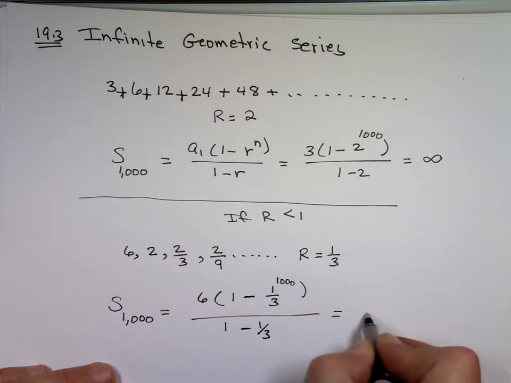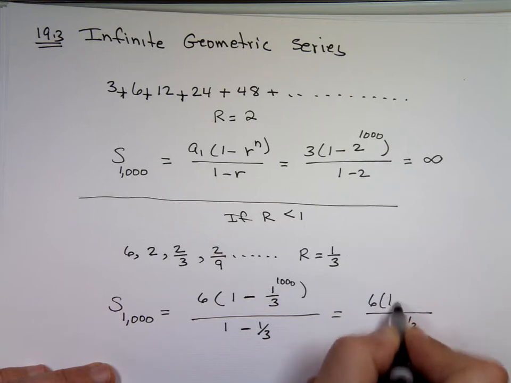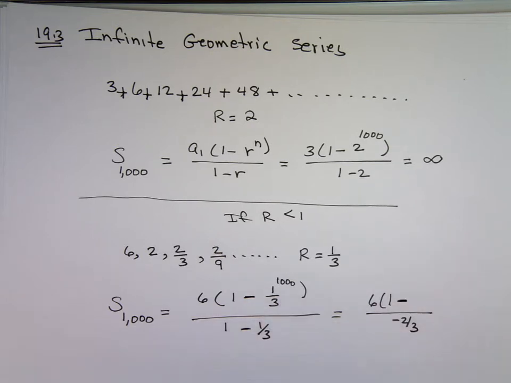The bottom is negative 2/3, right? This is 6 times 1 minus 1/3. Hopefully you make sure you put the 1/3 in parentheses here. Raise it to the power of 1,000.